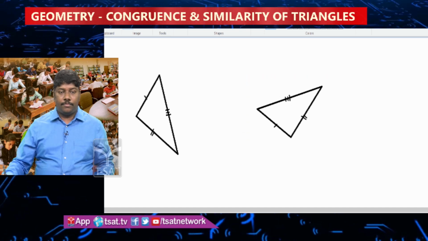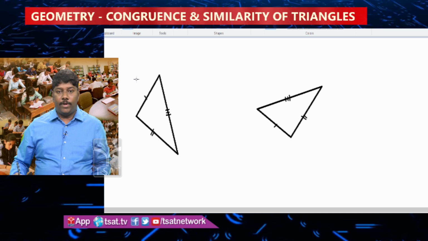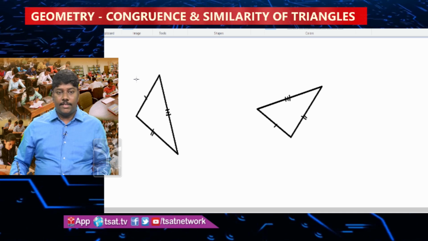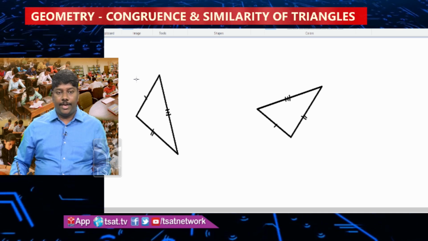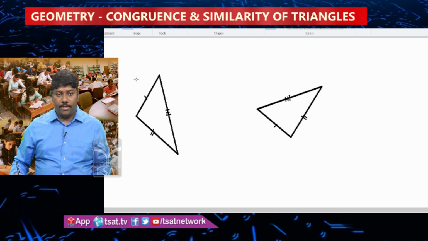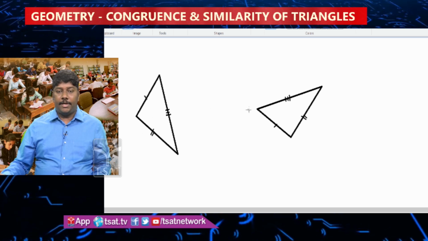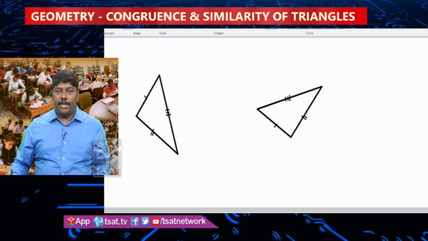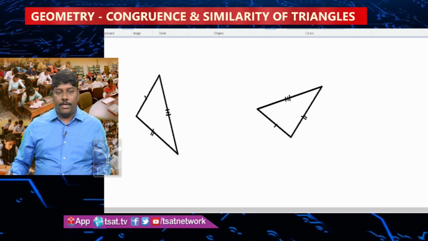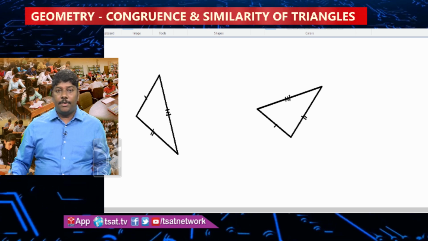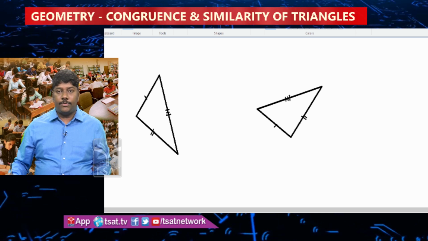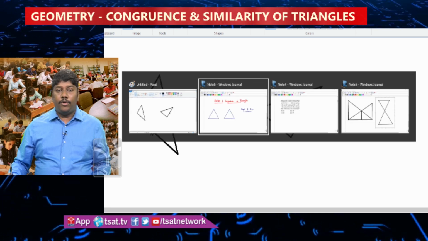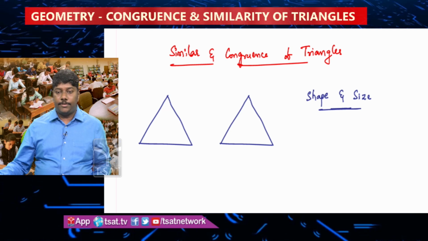By looking at side 1, side 2, side 3, we can say these two triangles are equal in shape as well as in size. I may not be placing them exactly the same way, but I am rotating it. In any pattern it doesn't matter, but all you must remember is they must be equal in shape as well as in size. So you call it congruency of triangles.